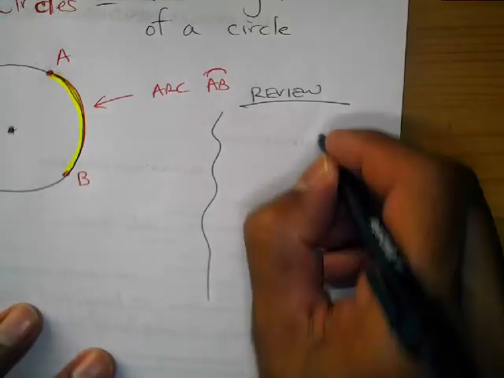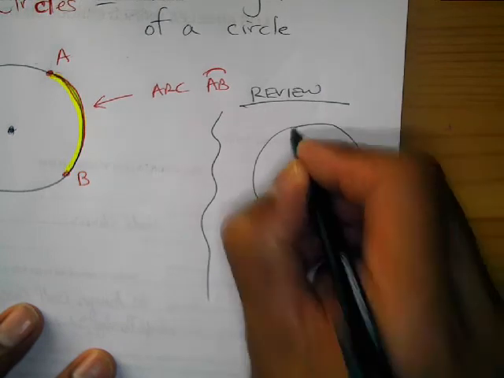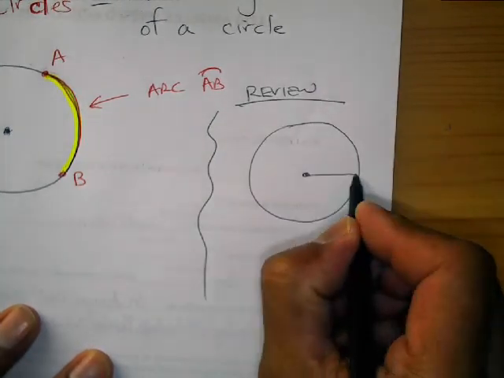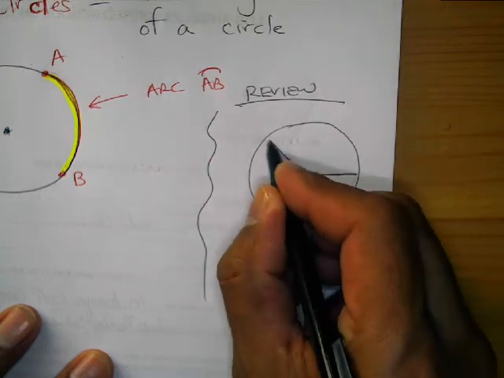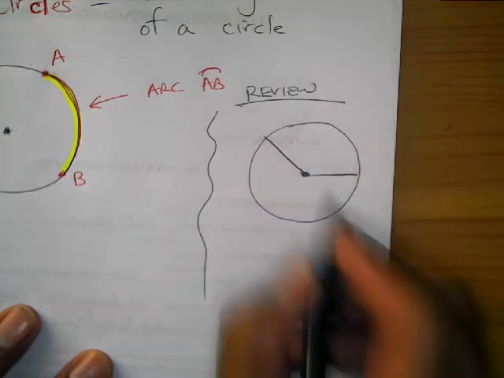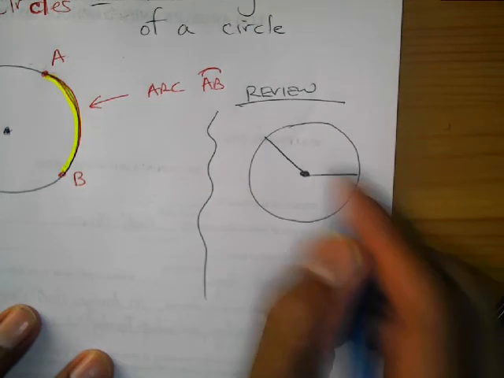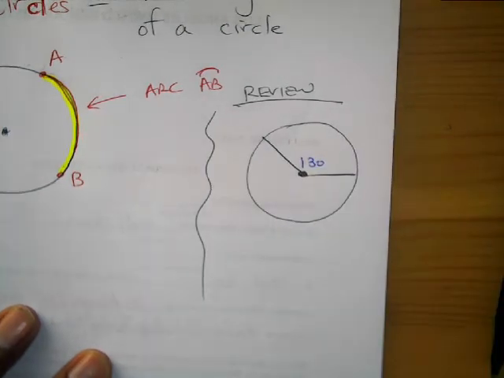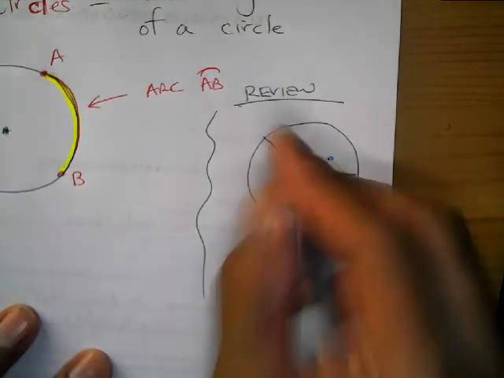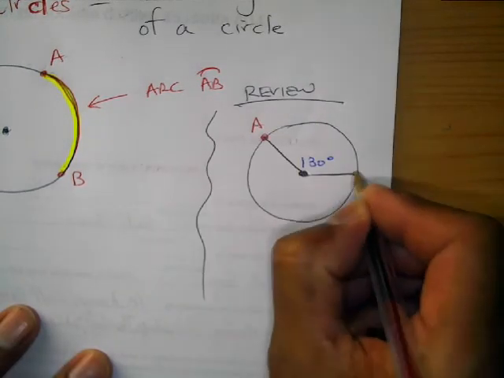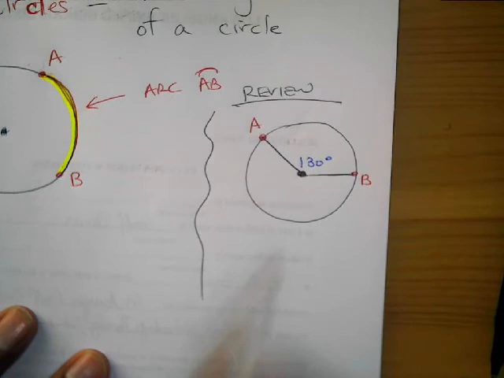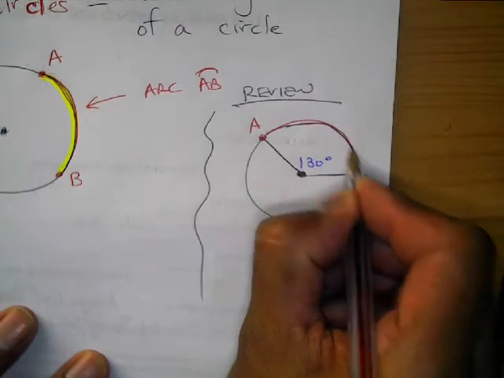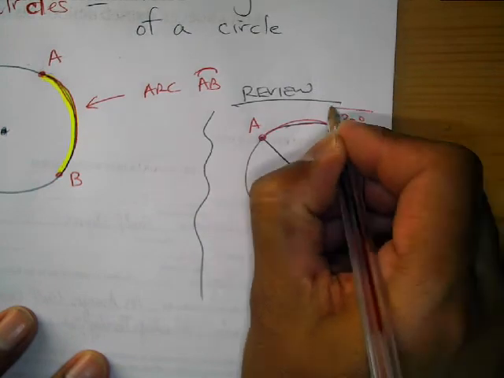Remember when we had a circle, and if the central angle, let me also use A and B here, was 130 degrees, then the degree of the arc was also 130 degrees.